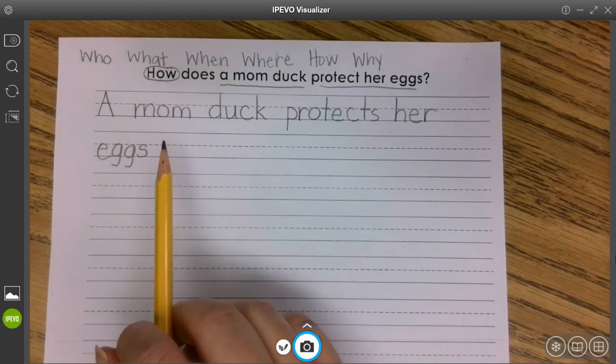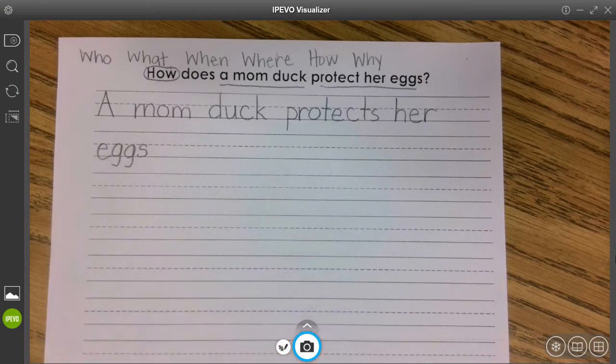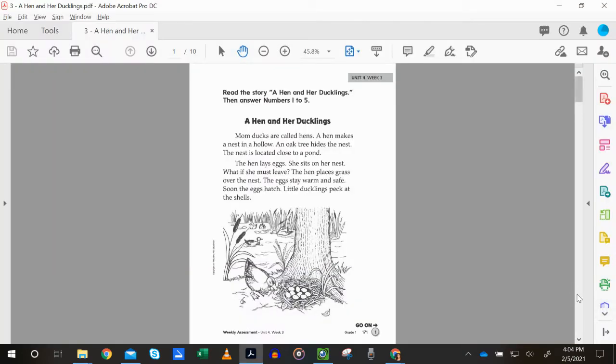Okay, so let's look at the story. Remember, you can always look at the story more to be able to answer the question. Okay, so looking at the story, let's look at the pictures. We're going to use the pictures as our clues right now of where we will find our answer. Remember, the question says, how does a mom duck protect her eggs?